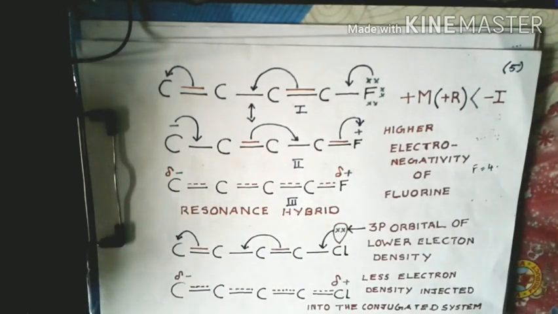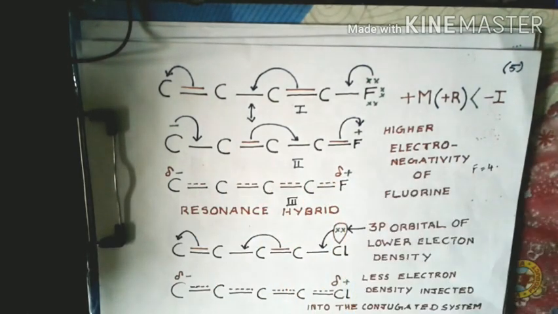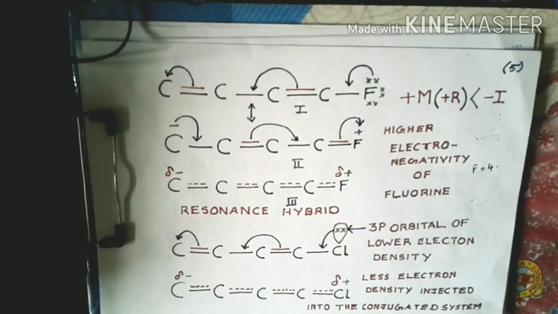So since fluorine is most electronegative, it will have a tendency to withdraw electron density from the conjugated system. So fluorine will withdraw electron density from the conjugated system, meaning the magnitude of delta negative will be less here.